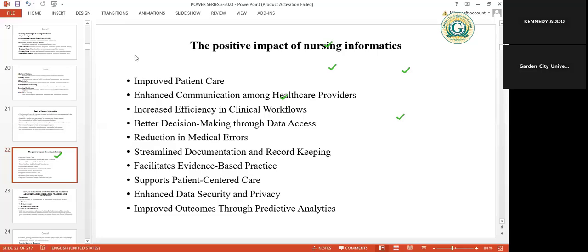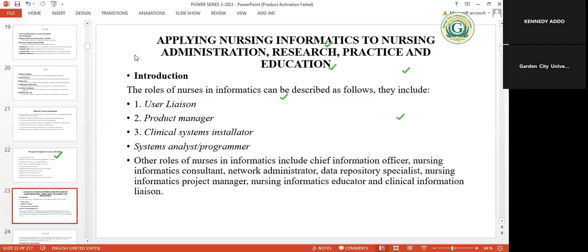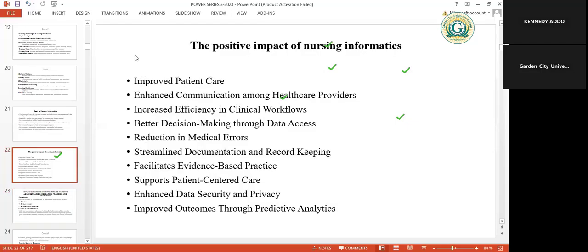It facilitates evidence-based practice. It also supports patient-centered care. It also enhances data security and privacy, and it improves outcomes through predictive analytics. There are so many positive impacts we can talk about. You can even add more to what I have just indicated.